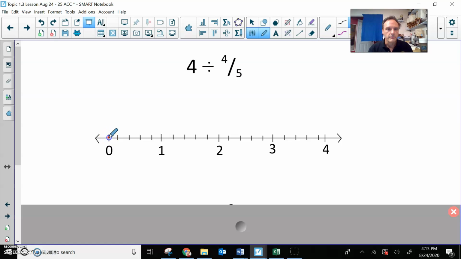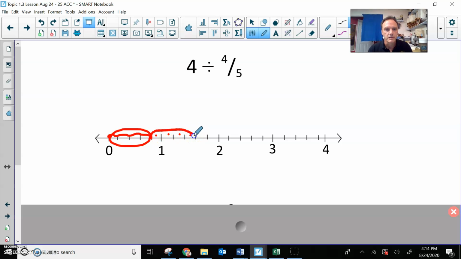So here we are, we're going to count 1, 2, 3, 4. So this is one group of 4/5 right here. And then we're going to count, here's another 1/5, 2/5, 3/5, 4/5.